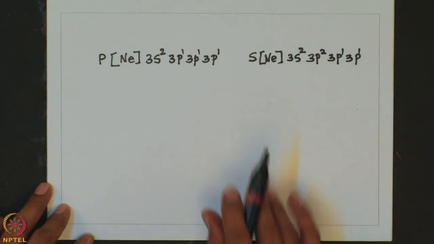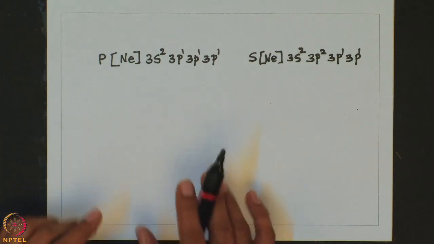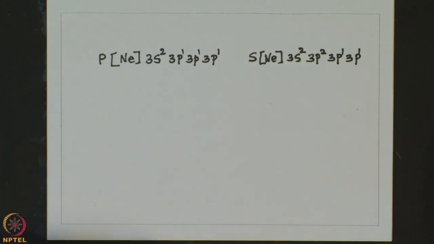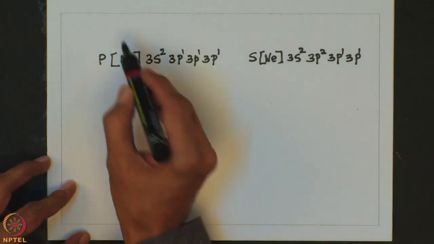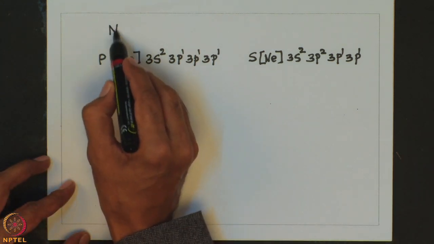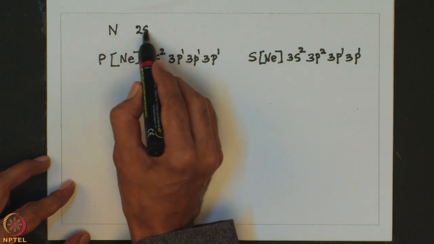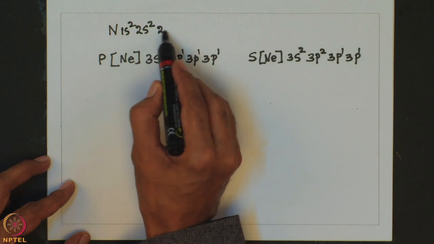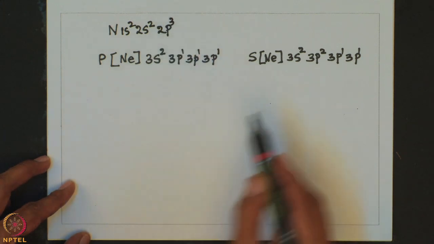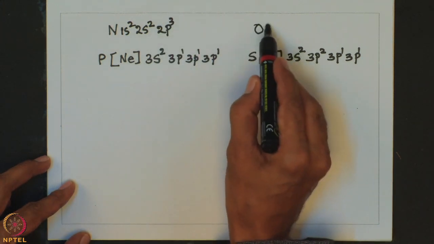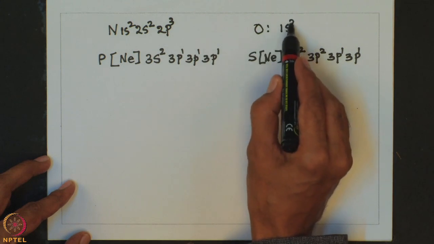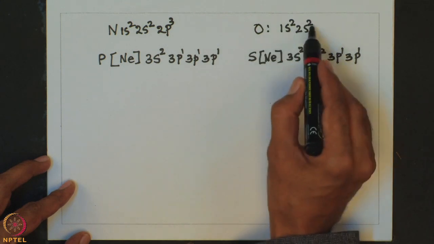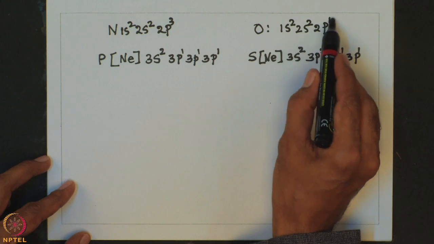If you look into the electronic configurations of phosphorus and sulfur, this is very similar to the case of nitrogen and oxygen. In nitrogen we have 1s2, 2s2, 2p3, and in oxygen we have 1s2, 2s2, 2p4.